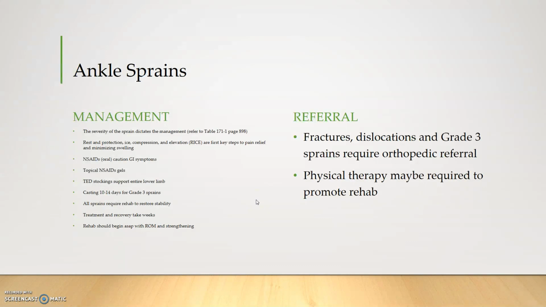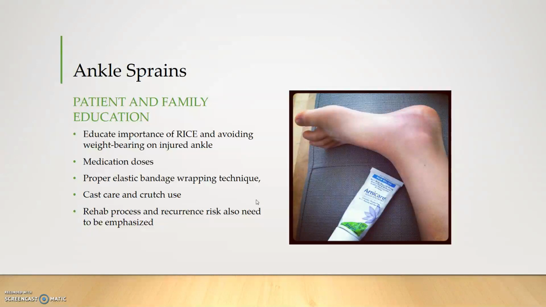And then patient and family education: you really need to stress the RICE and avoid weight bearing on the injured ankle as much as possible. Reiterate the medication doses and possible side effects. Proper elastic bandage wrapping technique is important, the figure 8.